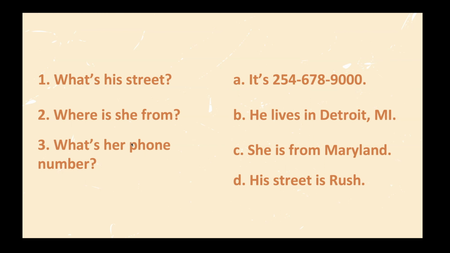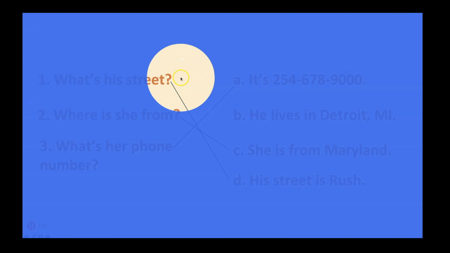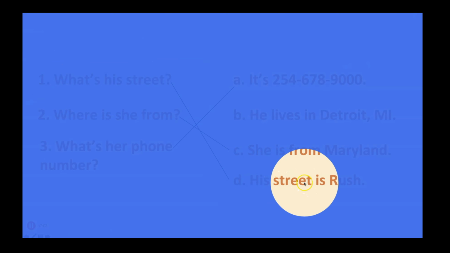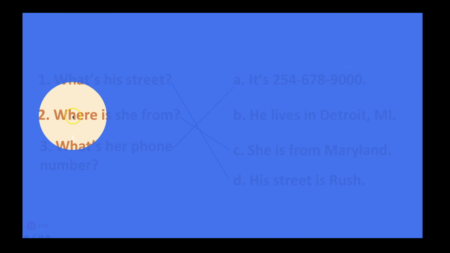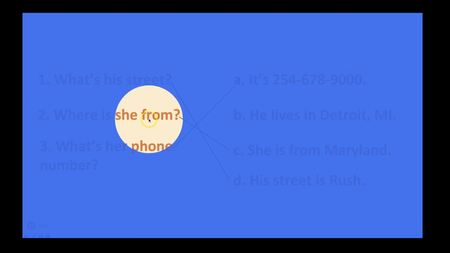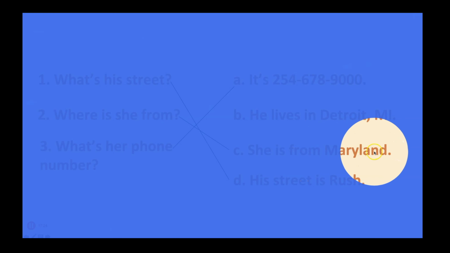Okay, time to check. Number 1, what's his street? His street is Rush Street. And notice the street name begins with a capital R. Number 2, where is she from? She is from Maryland.